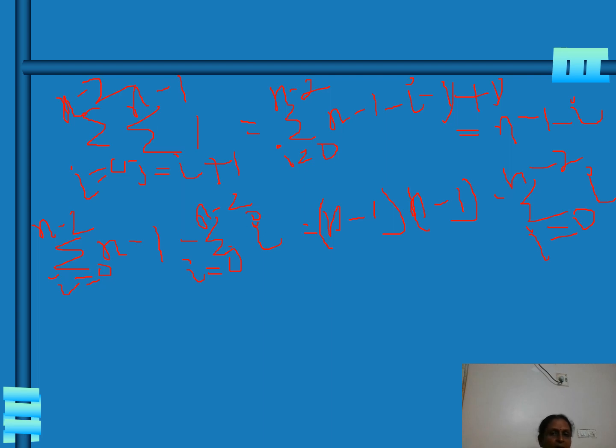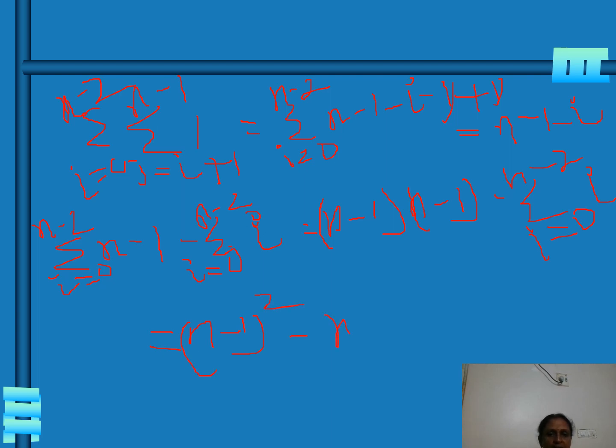As per the basic rules, the summation of i is the sum of natural numbers, n into n plus 1 by 2. But our last limit is n minus 2. So if you replace n with n minus 2, you will get n minus 2 into n minus 1.